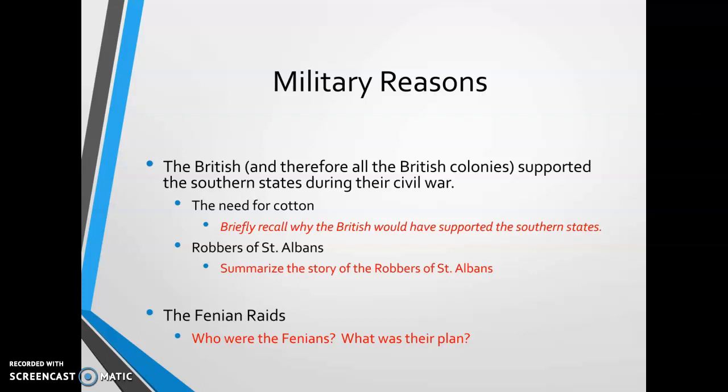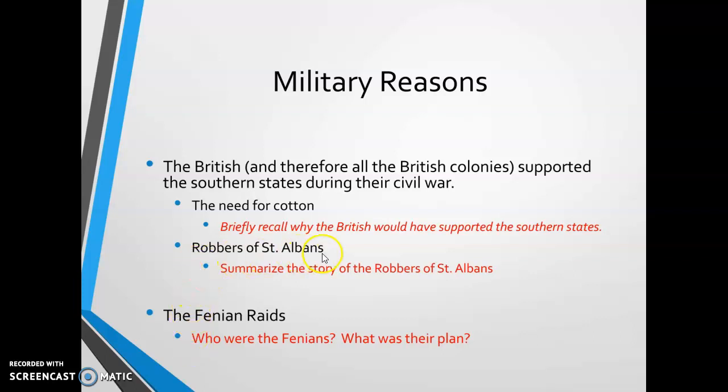Yeah, well, those sheep were owned by textile mill owners. Those textile mills also needed cotton, and they didn't have enough that they were growing in other parts, and they needed to buy it from the southern United States. So they supported the southern states.